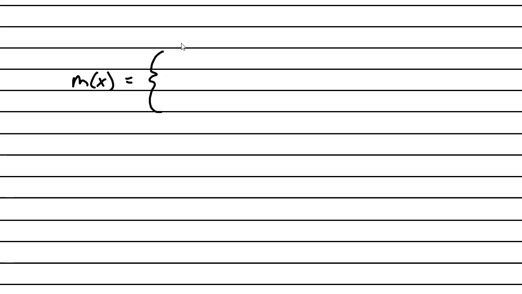If we have negative 3x plus 7 when x is less than or equal to negative 4, then we have, we'll go with negative x squared plus 2 when x is between negative 4 and 2.